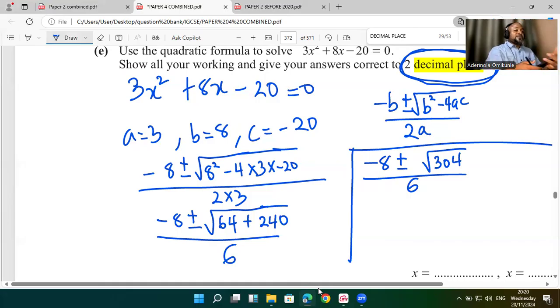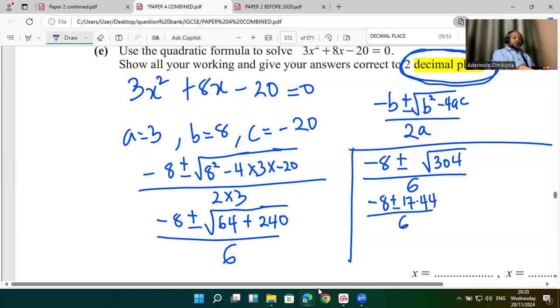Put the values in your calculator, and that gives you that the square root of 304 is 17.44. So this gives you minus 8 plus or minus 17.44, all over 6.